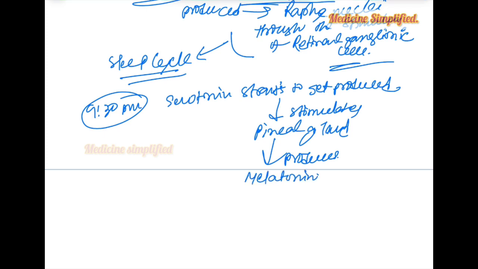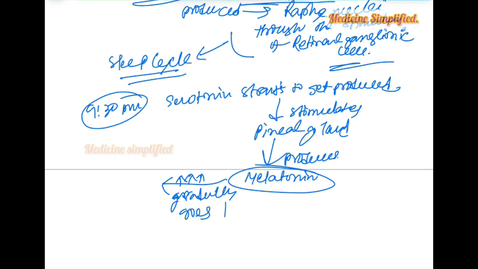The pineal gland produces melatonin. Melatonin concentration keeps rising and reaches its maximum during 2 to 4 am, when maximum sleep occurs.